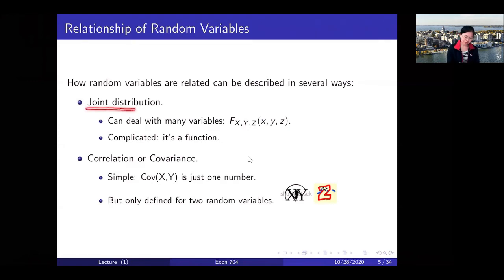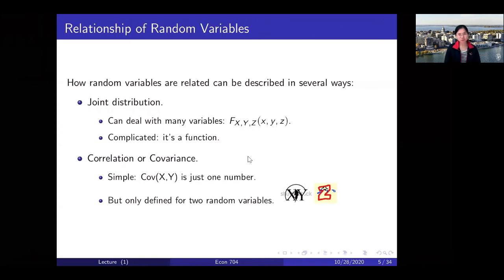So joint distribution is a way to describe random variables. It is a very comprehensive way to describe the relationship between random variables, because the joint distribution between random variables can describe the whole picture of how the variables are interacting.